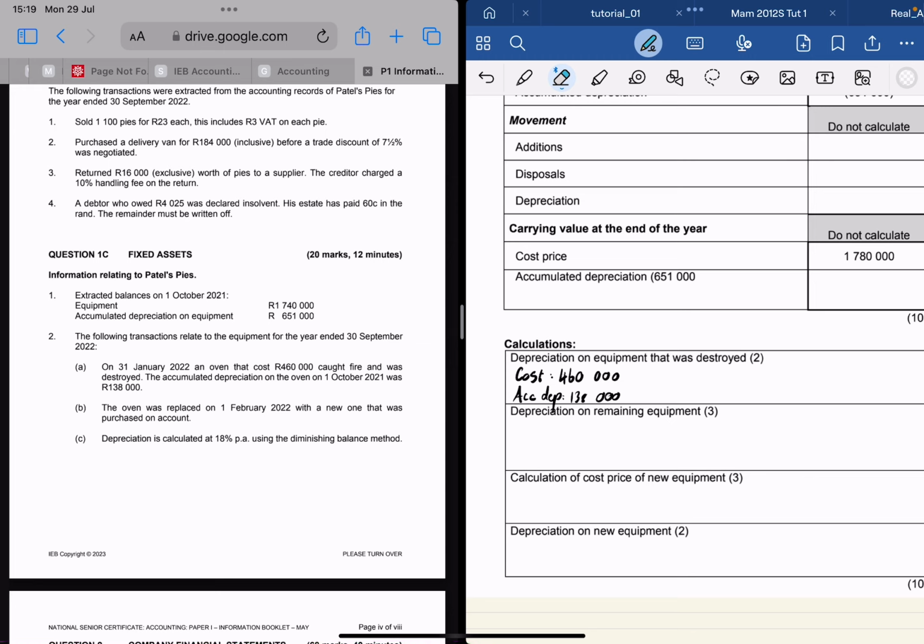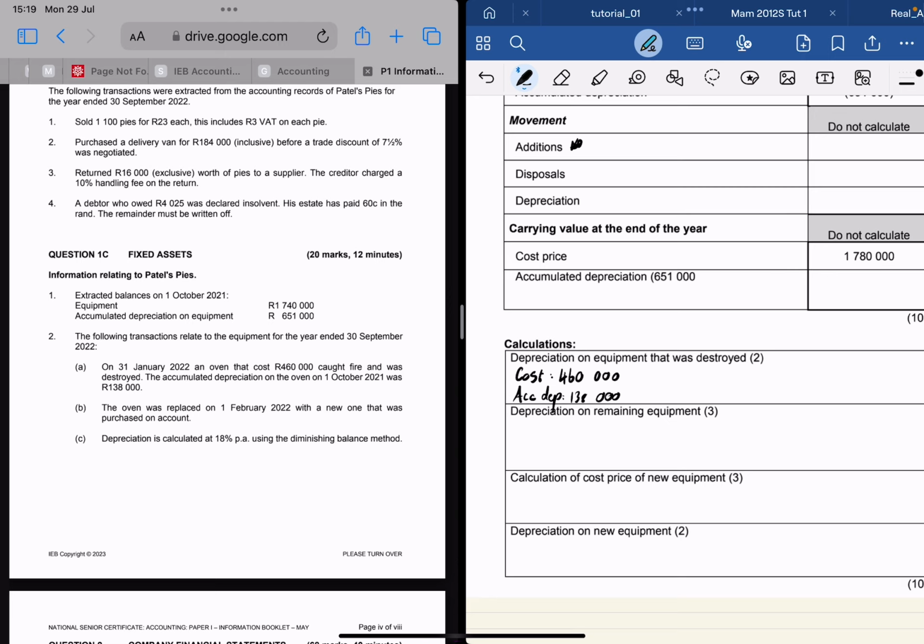It wouldn't be surprising to assume they're replacing the oven, our original oven cost 460,000, and this one is going to cost 460,000, because it's the same oven. But remember, if you bought an oven in 2020, it's probably not going to cost that much in 2021. So we could put a star here by addition. We know it's probably going to be a balancing figure or some other non-traditional calculation.